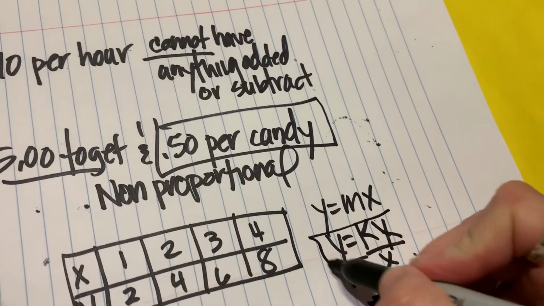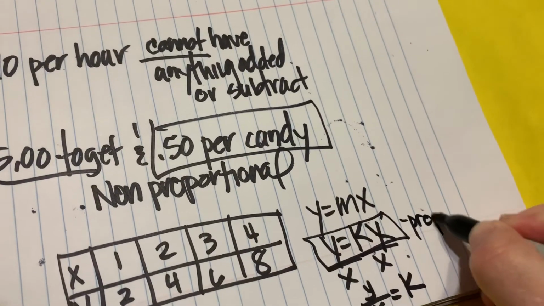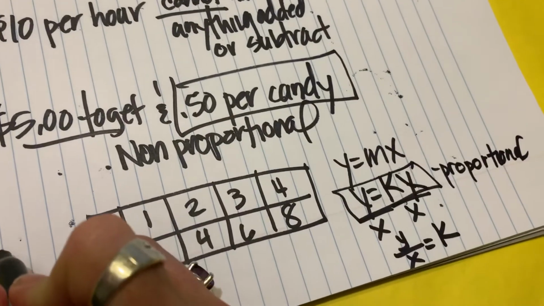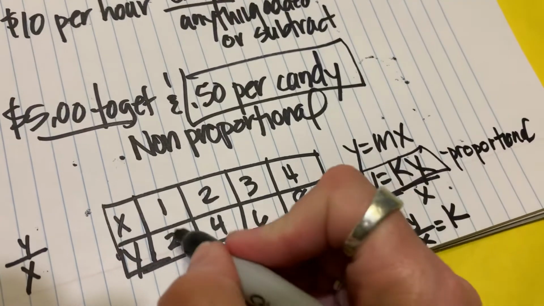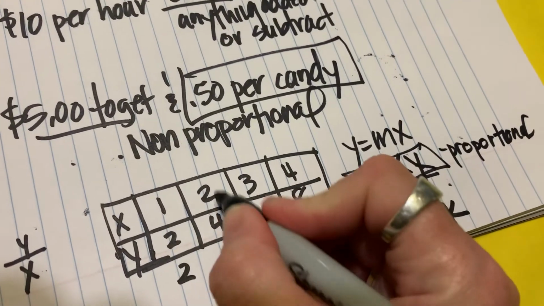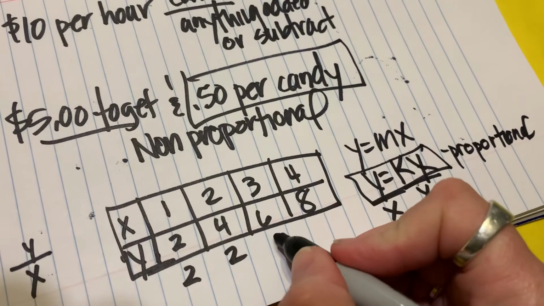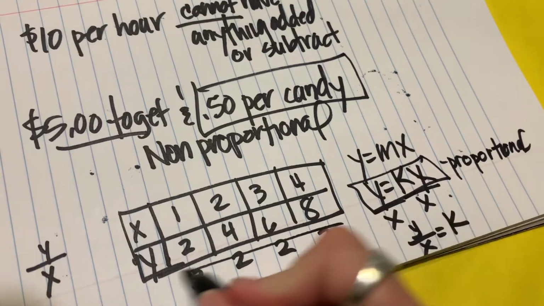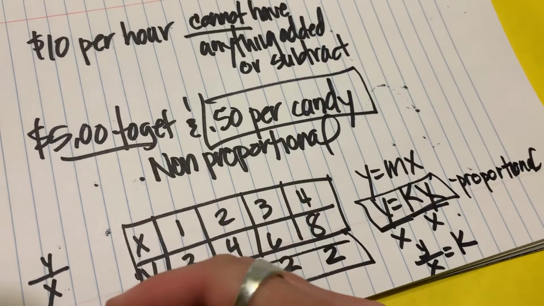And we just said this is direct variation, which means it's proportional. So if you divide y divided by x and all of your slope is the same, 2 divided by 1 is 2, 4 divided by 2 is 2, 6 divided by 3 is 2, 8 divided by 4 is 2, that would make it proportional as long as it went through the origin.